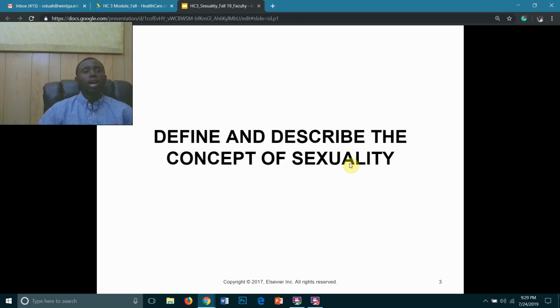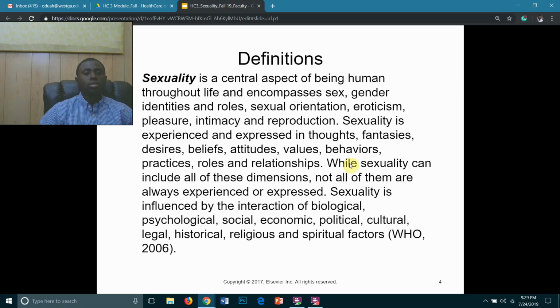So, as we continue our discussion, let's look at some definitions in relation to sexuality. Sexuality, according to the World Health Organization, is a central aspect of being human throughout life, which encompasses sex, gender identities, and roles, sexual orientation, eroticism, pleasure, intimacy, and reproduction.